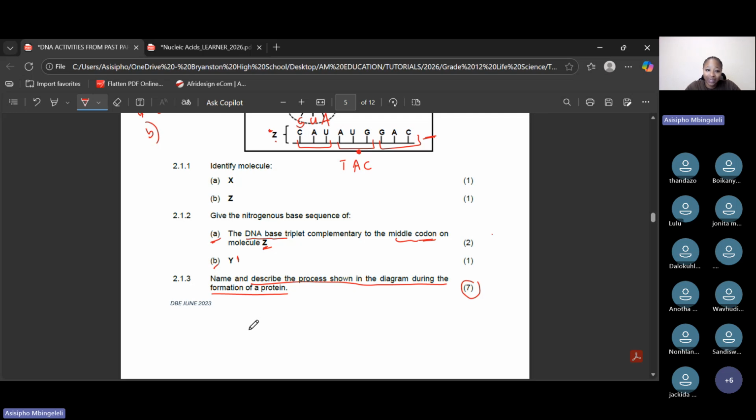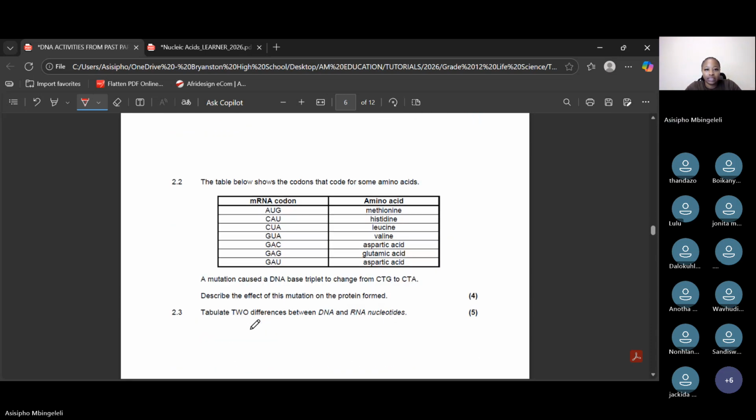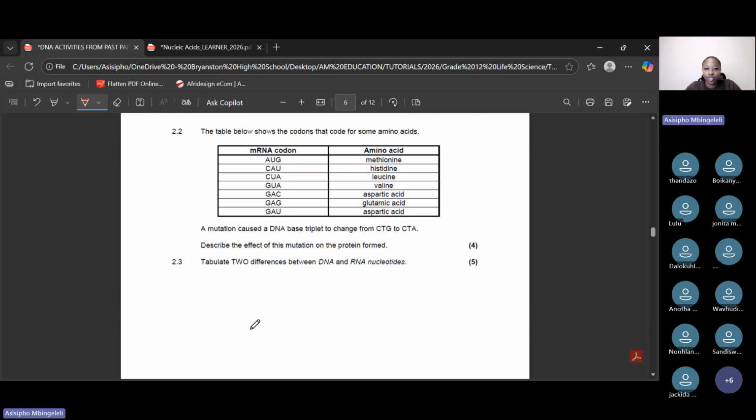DBE, June 2023. This was the question. The table below shows the codons that code for some amino acids. A mutation, remember that change that I spoke about, that I said I haven't covered yet. The mutation caused a DNA-based triplet to change from CTG to CTA.